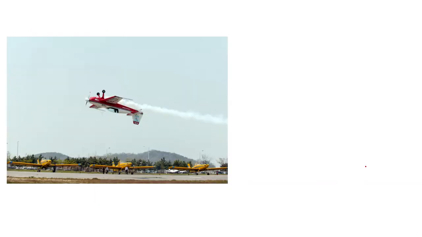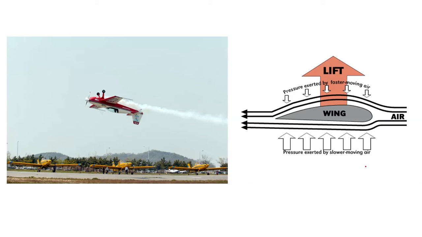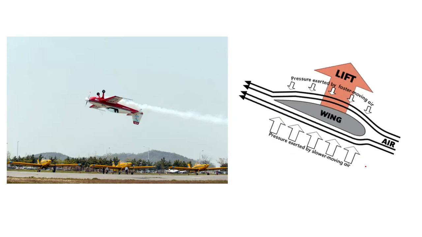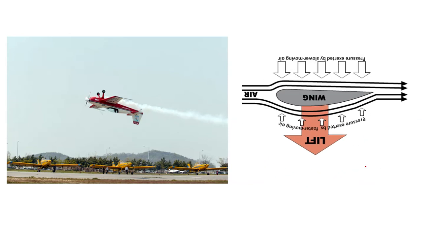Okay, but going back to the upside down airplane, if we look at our picture here, the wing's now upside down. So if we flip that upside down, the shape hasn't changed. That means that the air below is going faster than the air above, which means that the pressure below is less than the pressure above, which means now we have a downward force. Combine that with the fact that gravity is pulling down.